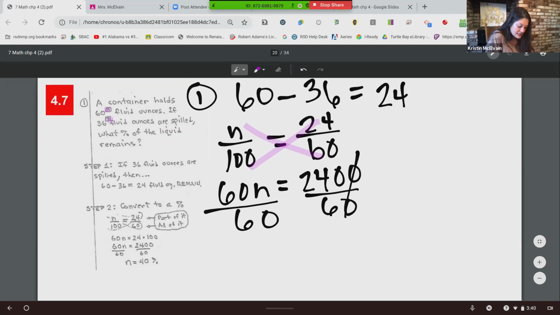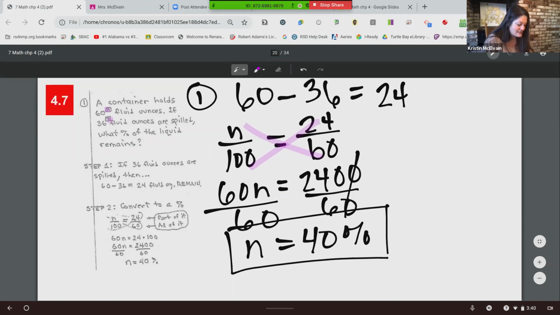Okay, that crosses out. So we have n equals 6 goes into 24 4 times, and then bring down our 0. And of course, that is figuring out percent. All right, and got it right. All right, on to number 2.